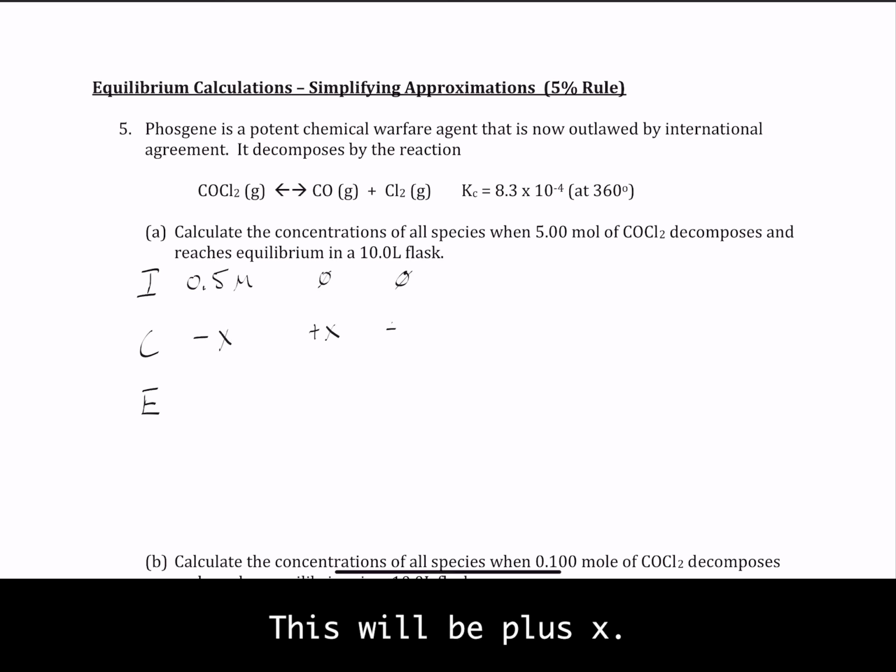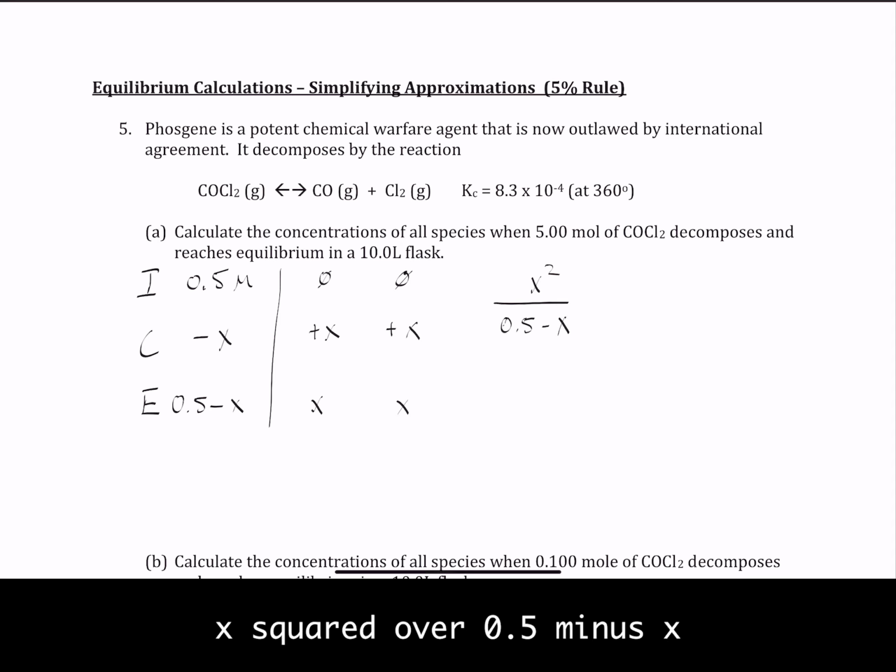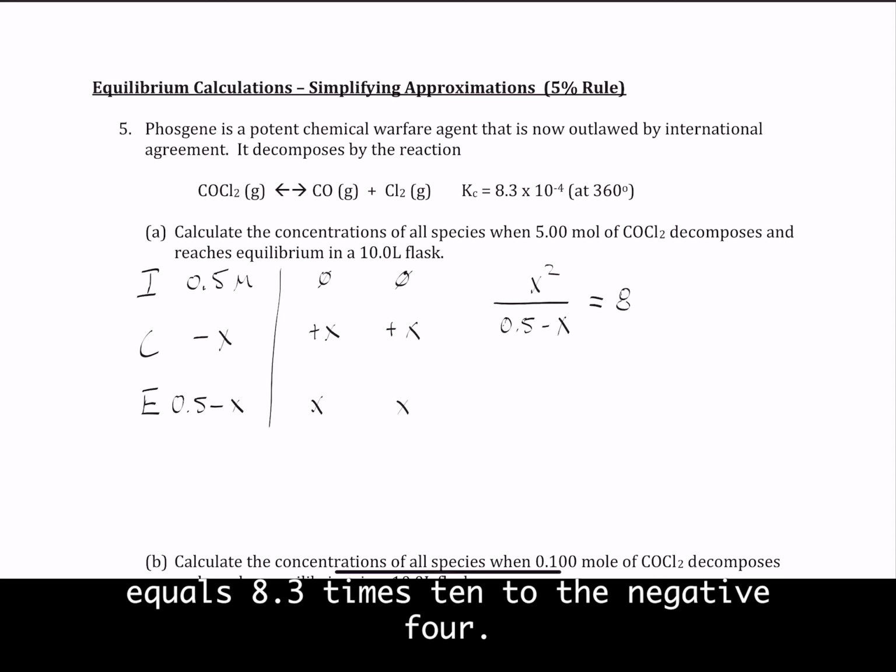This will be plus x. This will be plus x. Everything the same so far. And then we can write this as x squared over 0.5 minus x equals 8.3 times 10 to the negative 4.